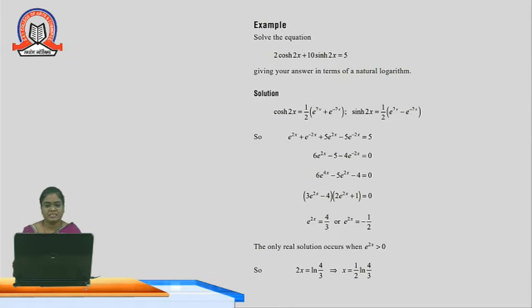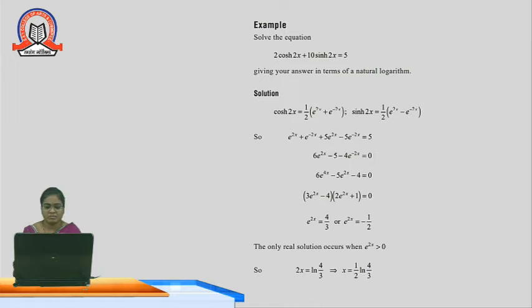Now the second example is 2 cosh 2x plus 10 sinh 2x equals 5. They are asking for the answer in terms of a natural logarithm. So first we substitute the formulas: cosh 2x equals 1 upon 2 into e power 2x plus e power minus 2x, and sinh 2x is 1 upon 2 into e power 2x minus e power minus 2x.